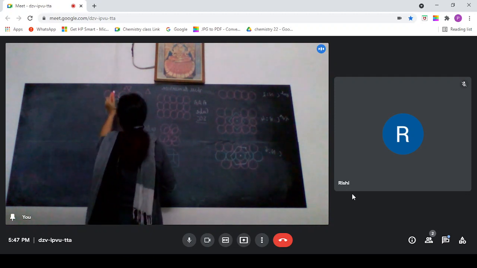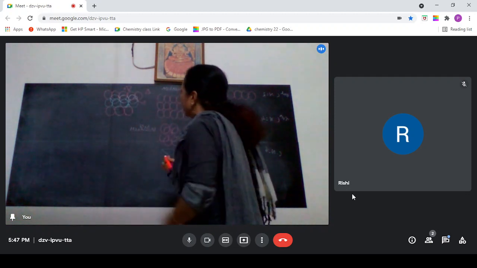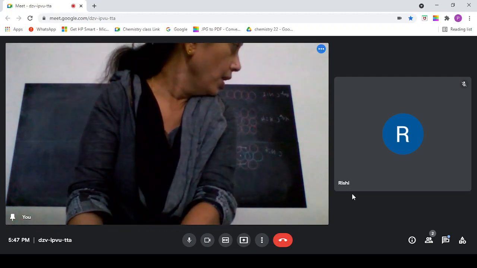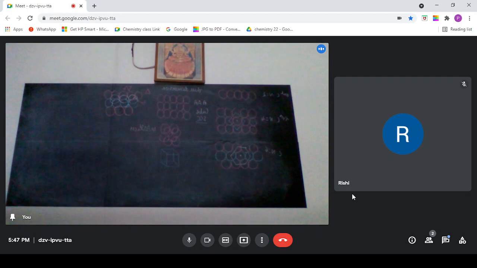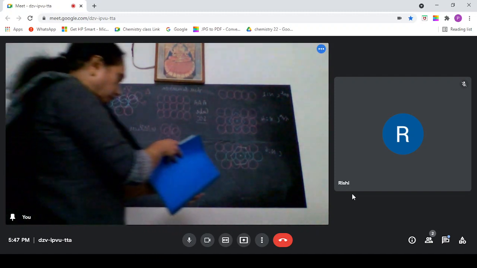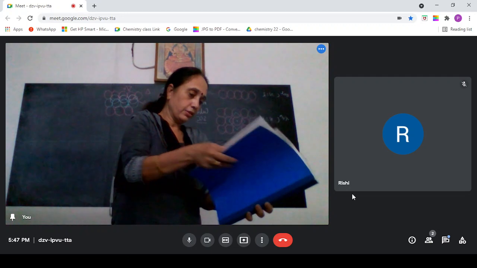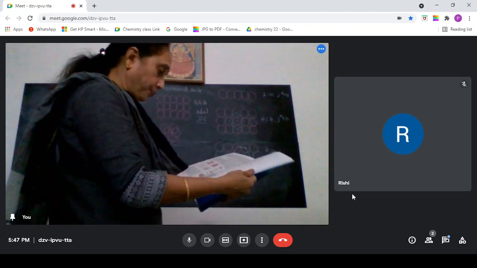actually you see in the book, they have given it neatly. In your textbook only they have given it very neatly. That is why I am not giving the notes for that. I'll show you that.